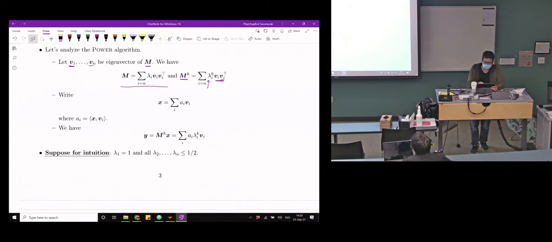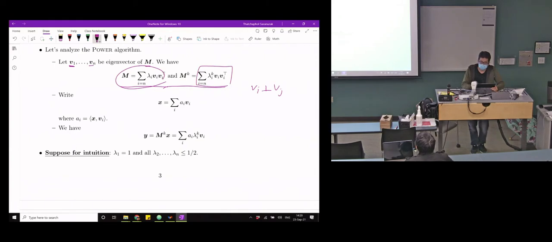This is just linear algebra, but you can convince yourself because different eigenvectors are orthogonal, so when you multiply them, everything cancels out except this term. So you get this.